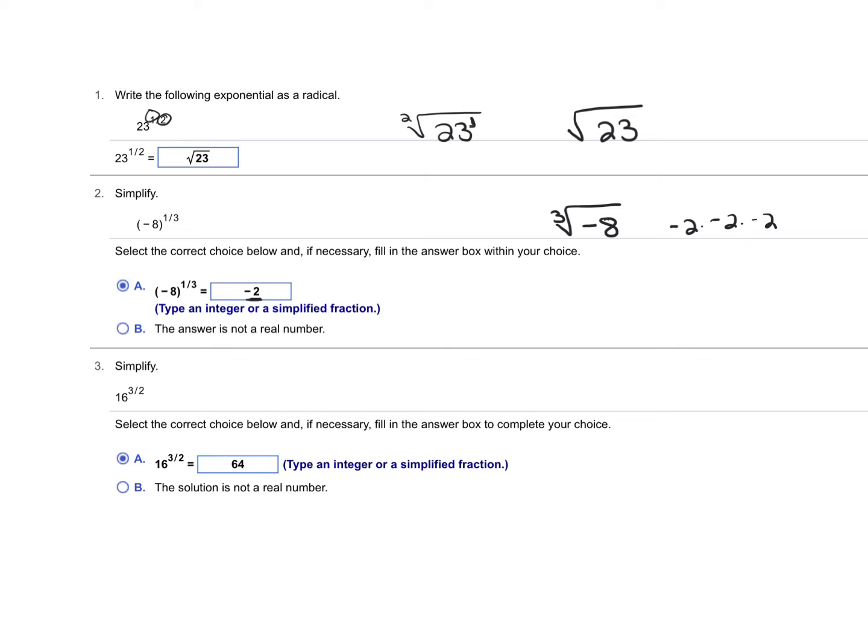16 to the 3/2 power. Okay, the 2 tells us it's a square root, but I want the square root of 16 to the 3rd power. So I'm going to remember that 16 is 4 times 4.